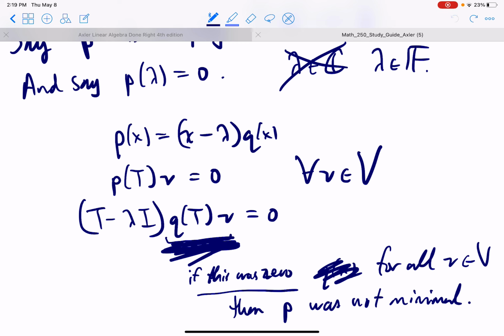If the degree of q is 3, then p has degree 4, and that's bigger.